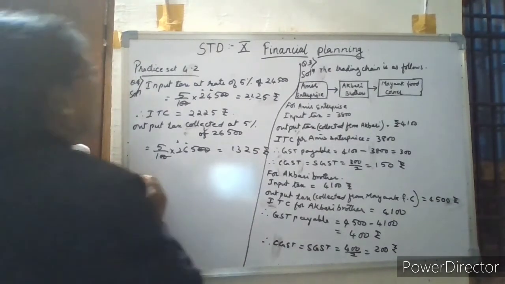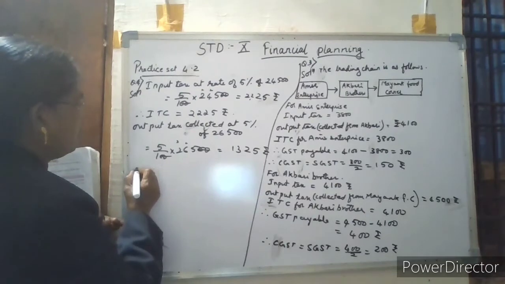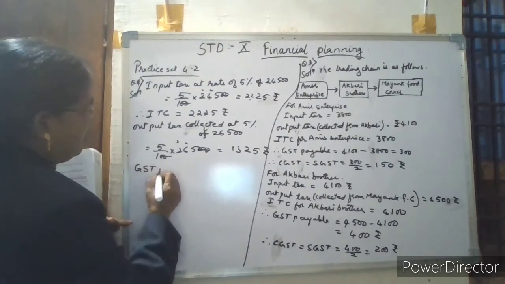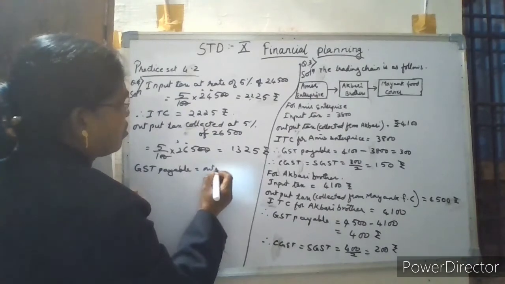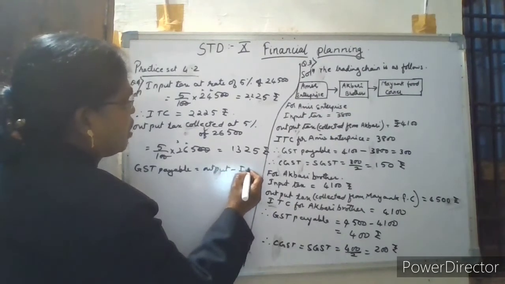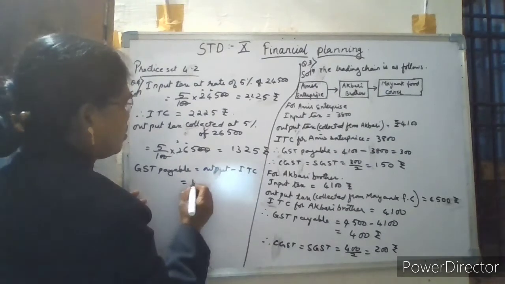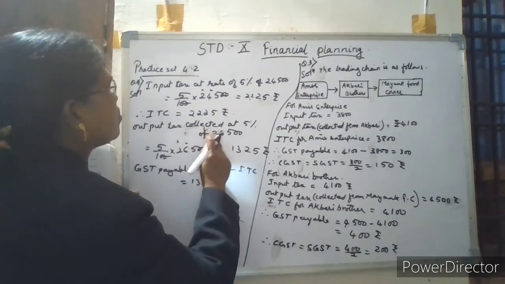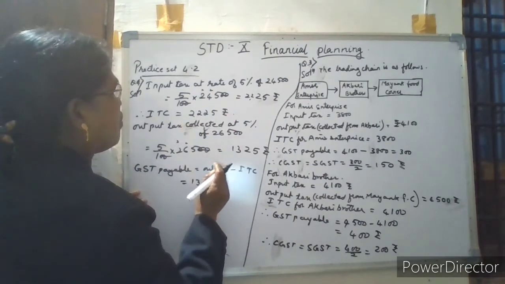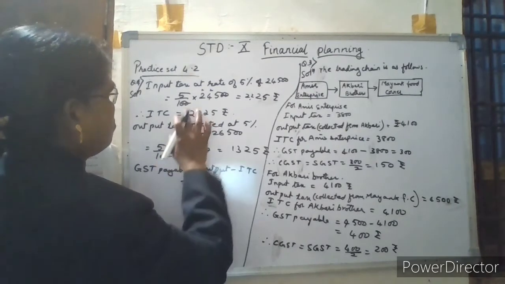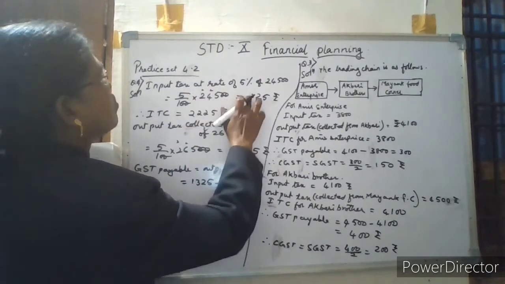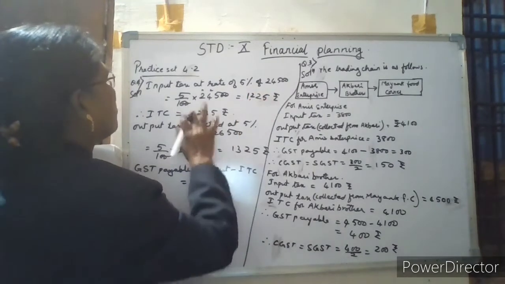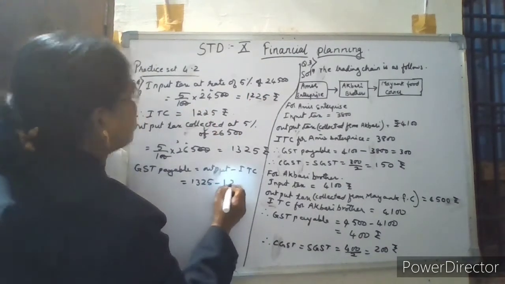Now, therefore, GST payable is equal to output minus ITC, that is 1,325 minus 1,225 rupees.